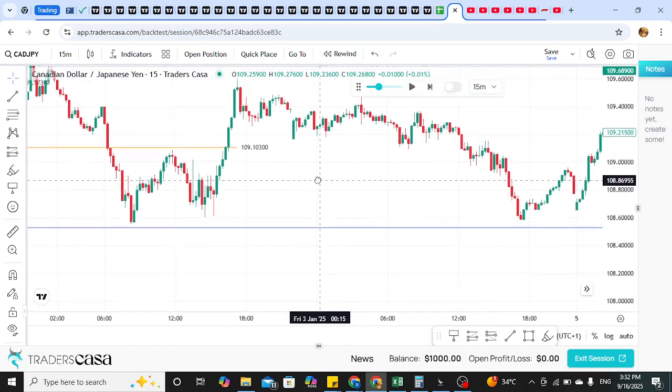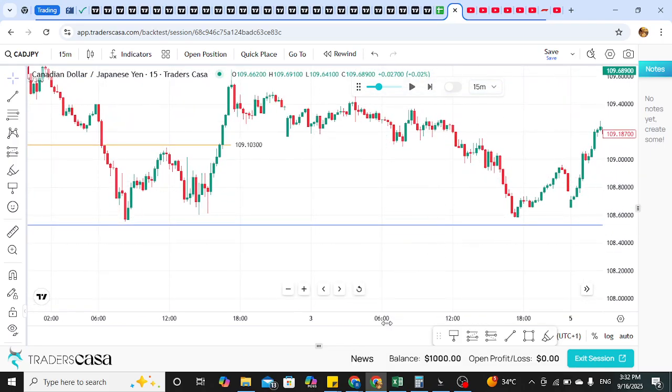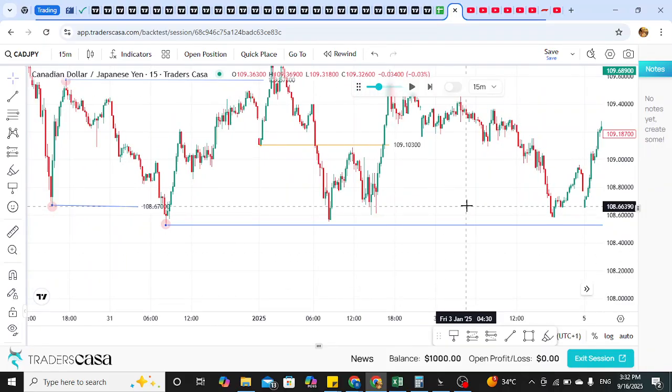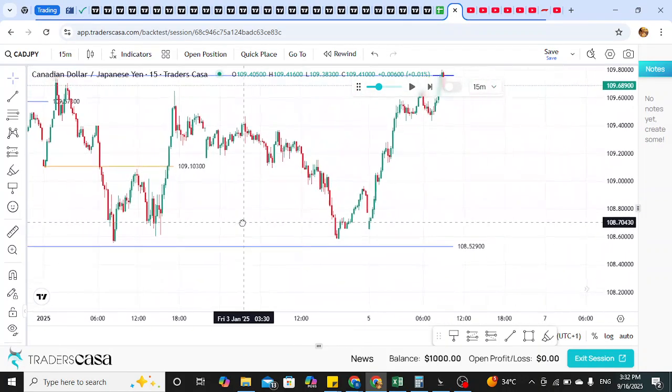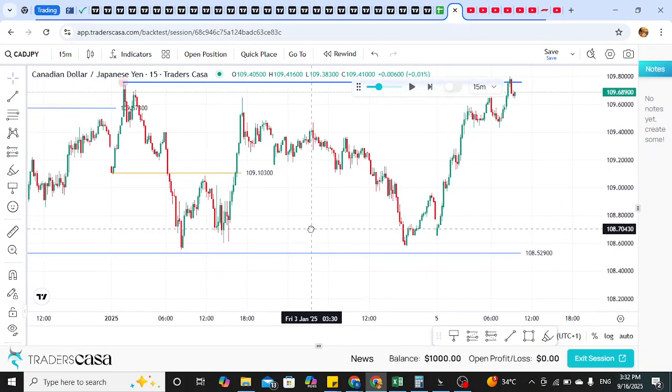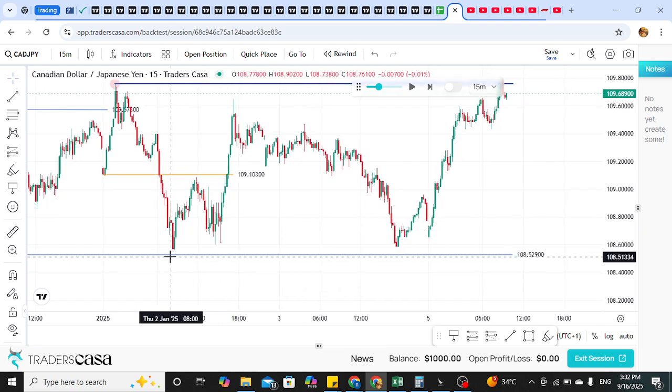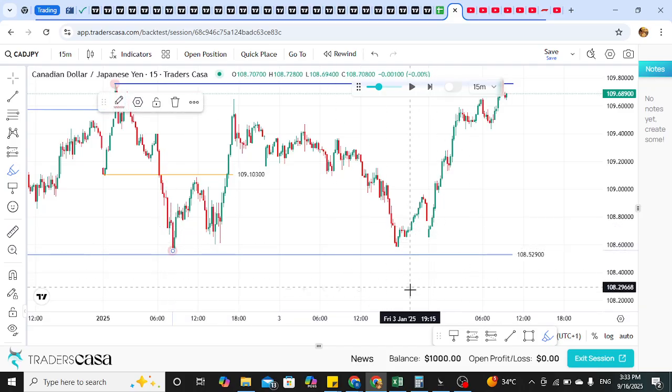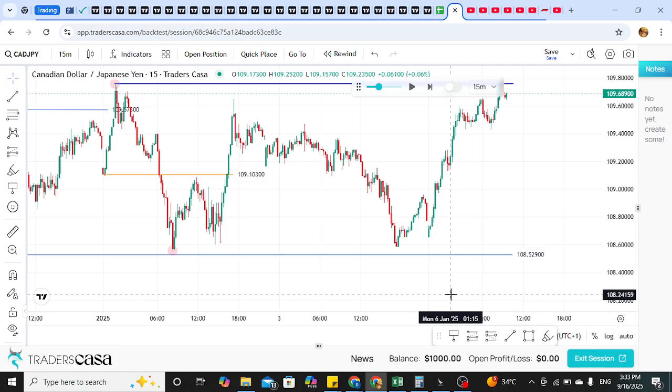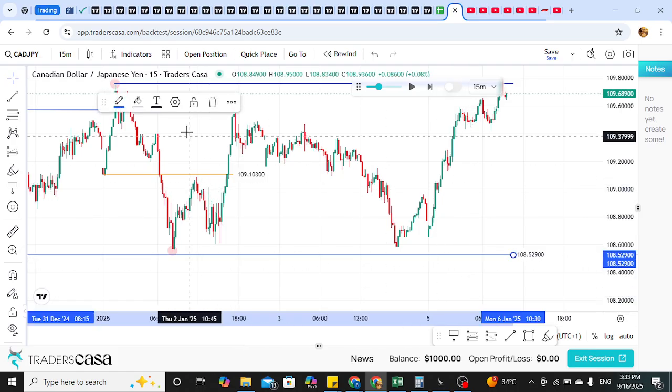Okay, and let's see which one. The low, this is the low. Okay, this is the new low of the range here, and we take that away.